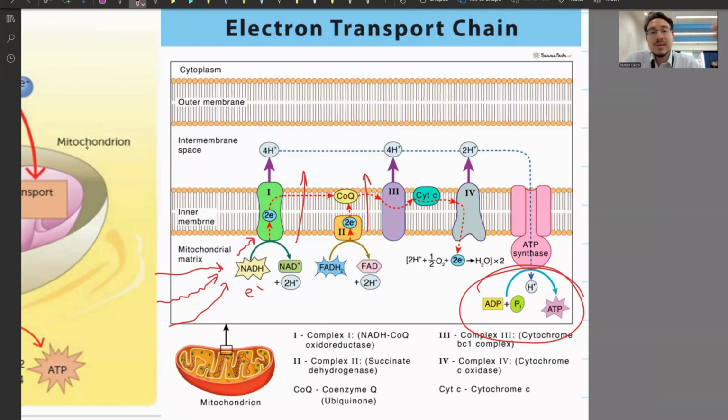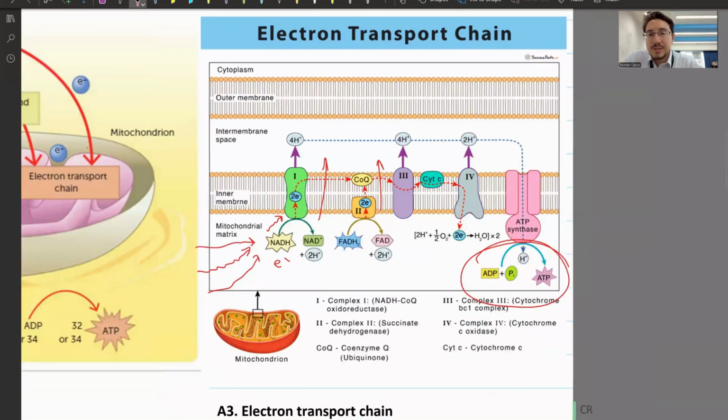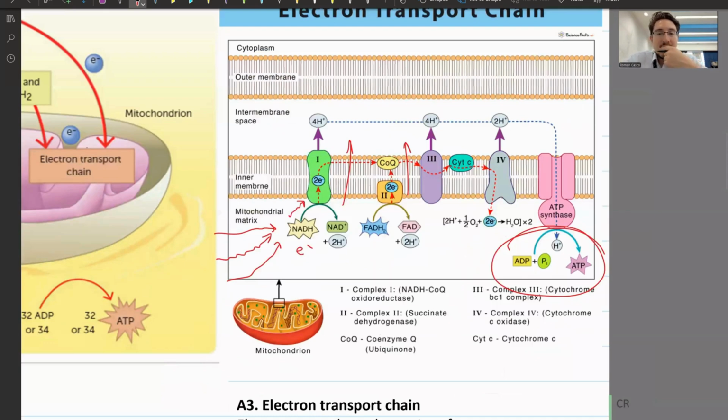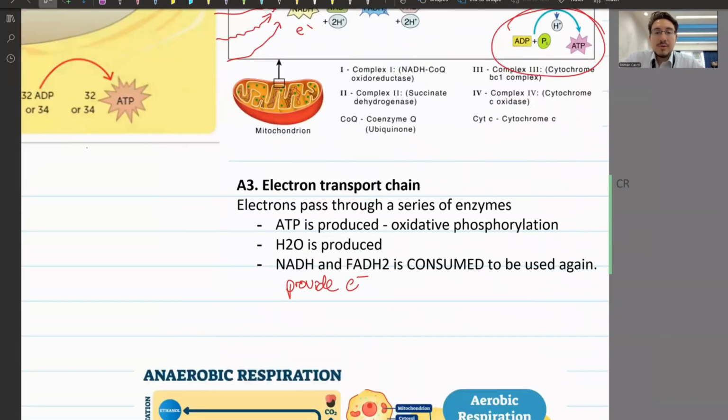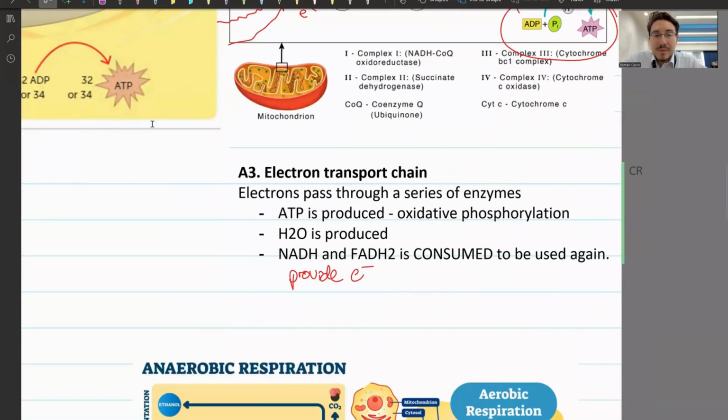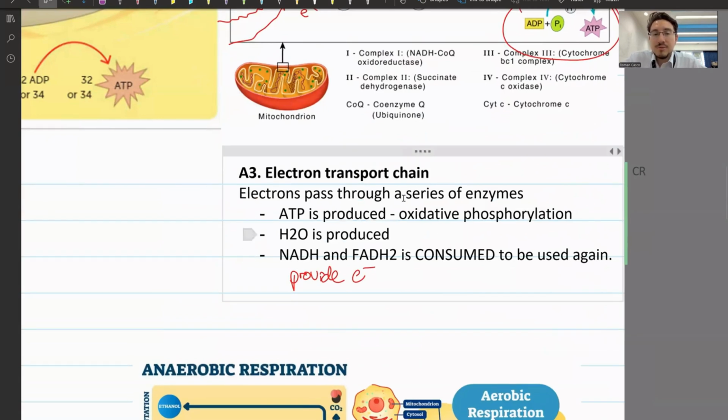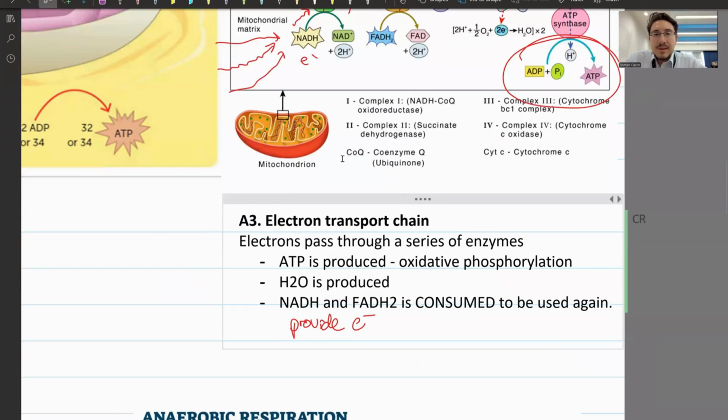And you need those hydrogen ions, right, to create a potential energy, right, to essentially drive ATP synthase to produce ATP. Okay. So electrons pass through a series of enzymes. ATP is produced. Okay, this is referred to as oxidative phosphorylation, right?